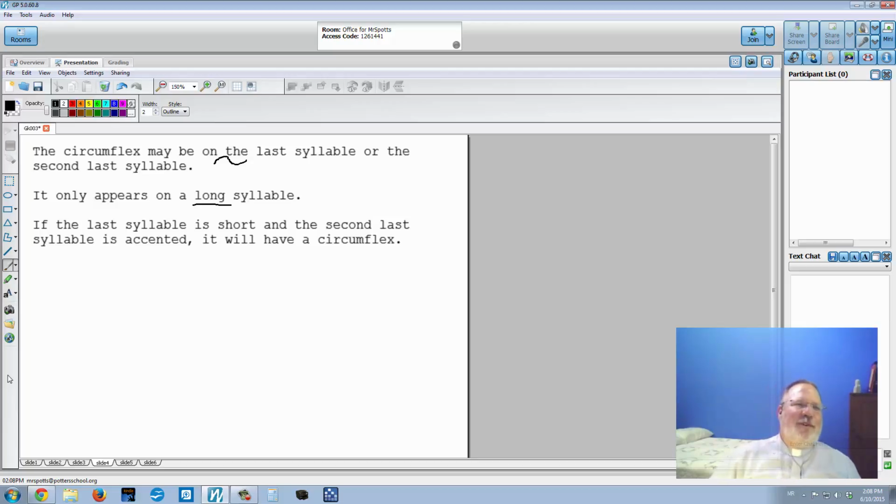So imagine a last syllable that has the vowel omicron, which is a short vowel. If that last syllable is short and the second last syllable is a long syllable, it may have an accent on it, and if it does have an accent, it'll have a circumflex.